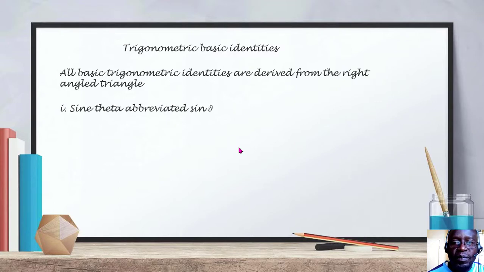The first one which we will consider is the sine of theta, abbreviated as sin theta. And the sine of theta is a ratio of the opposite divided by the hypotenuse.